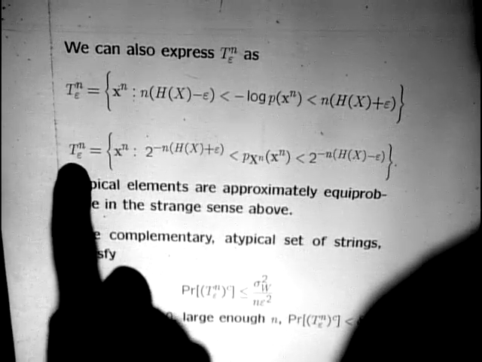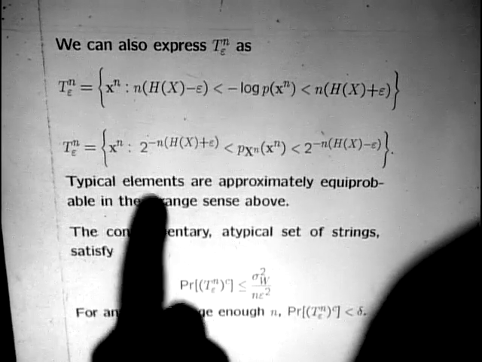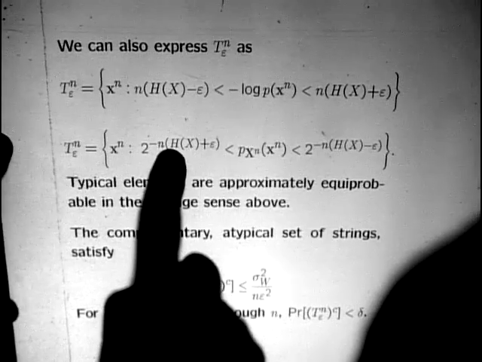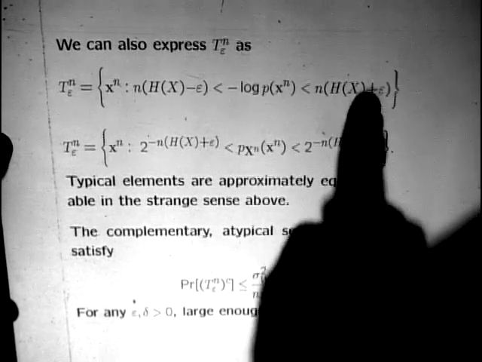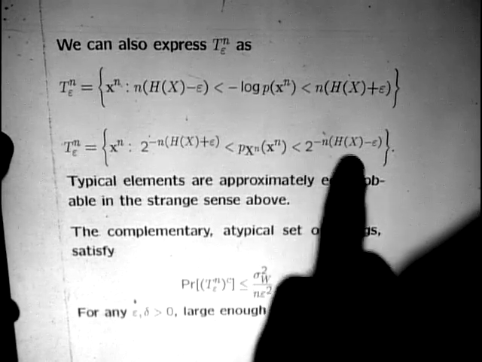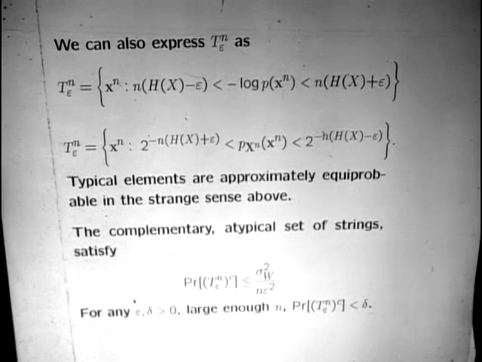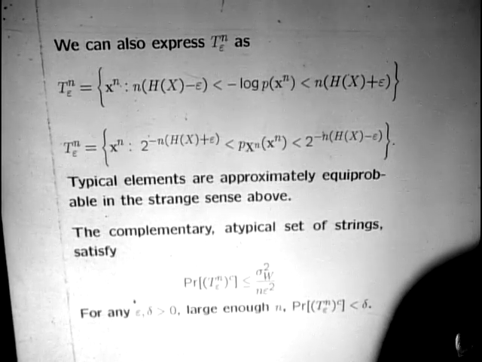If I write it again, if I exponentiate all of this, it's the set of x's for which 2 to the minus n times h of x plus epsilon, that's this term exponentiated, is less than this, is less than this term exponentiated. And what's going on here is I've taken care of the minus sign also.